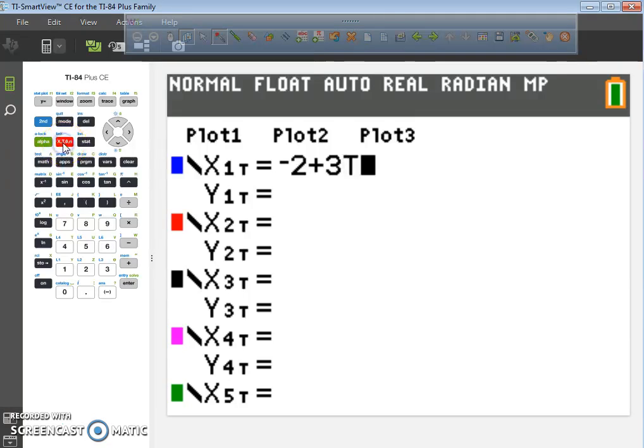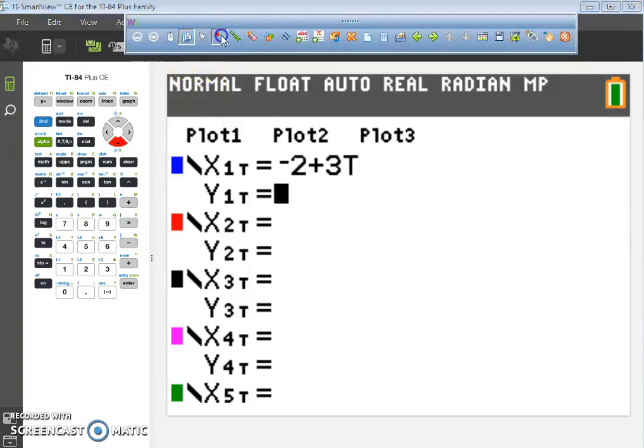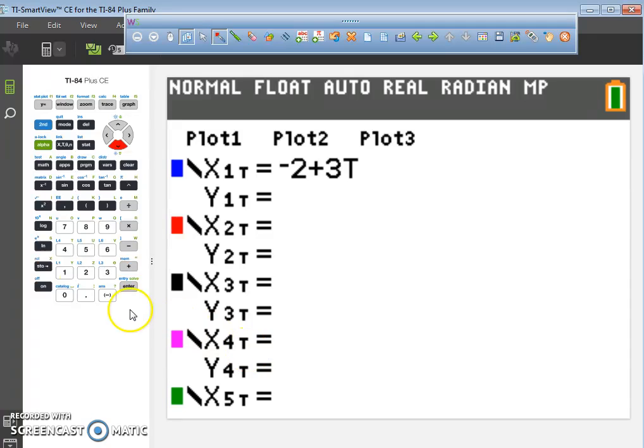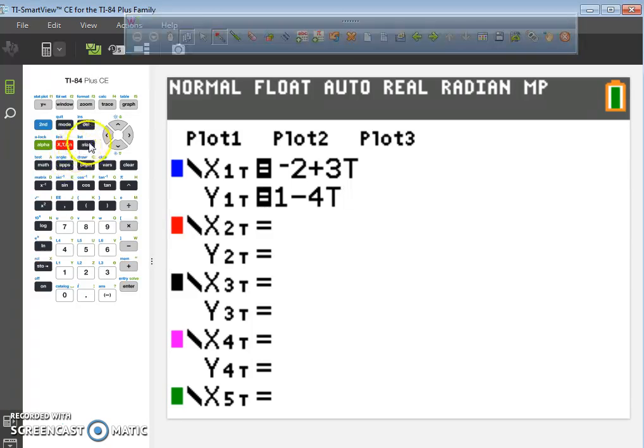It turns it into a t when you hit it. That's right, because we're in parametric. So go down, and we'll go back to our problem. It says 1 minus 4t. So I'm going to go back to the calculator, and we write 1 minus 4t.